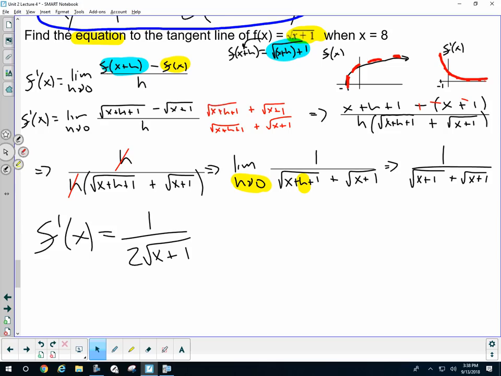Find the equation of the line tangent to the graph of f of x equals root x plus 1 when x equals 8. So give me the equation of this line. Oh, that's horrible.